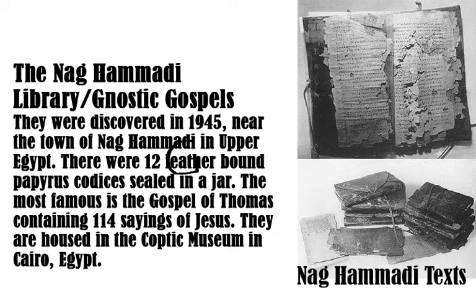The most famous of these is the Gospel of Thomas, containing 114 sayings of Jesus. They are now housed in the Coptic Museum in Cairo, Egypt. And these Nag Hammadi texts tell us a lot more about Gnosticism and what they believed.